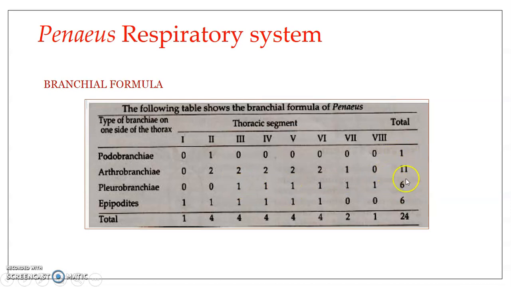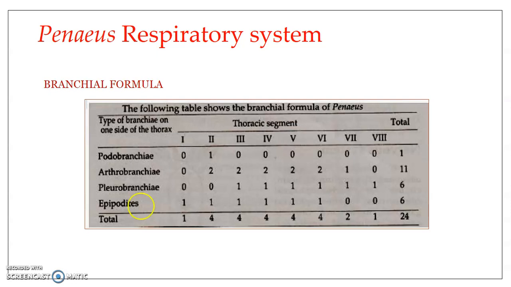So altogether Penaeus has 18 gills found along the thoracic segments. This is the branchial formula.